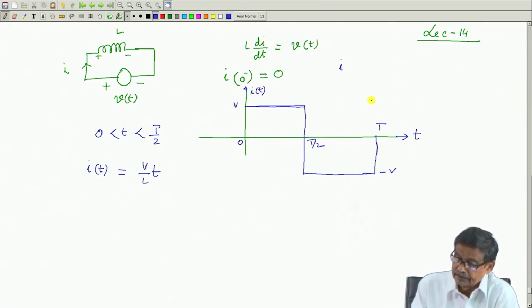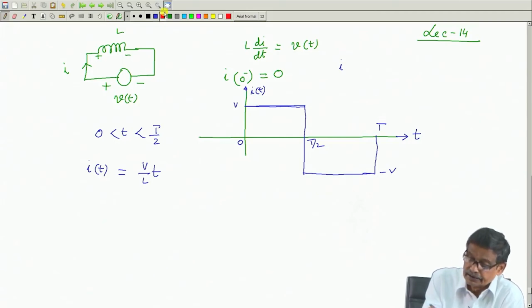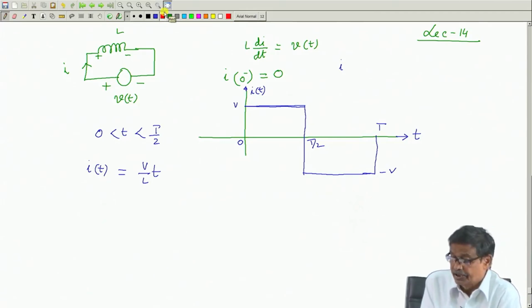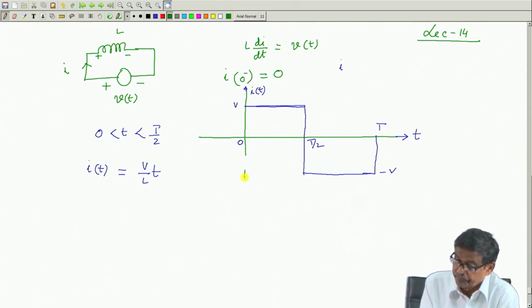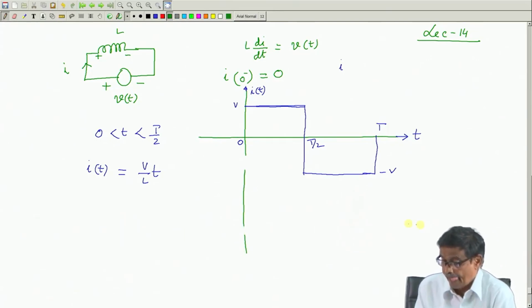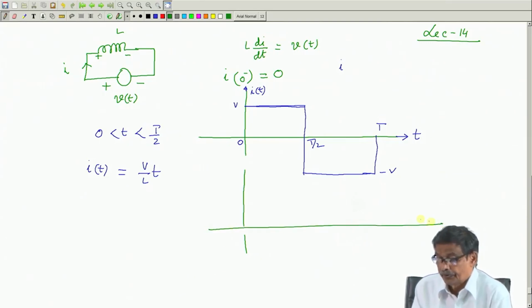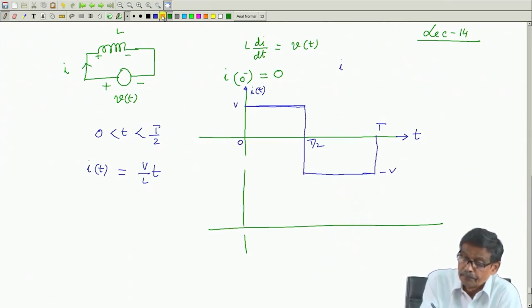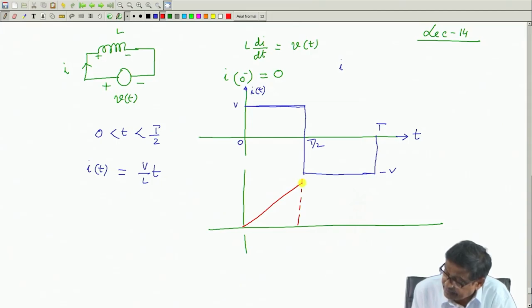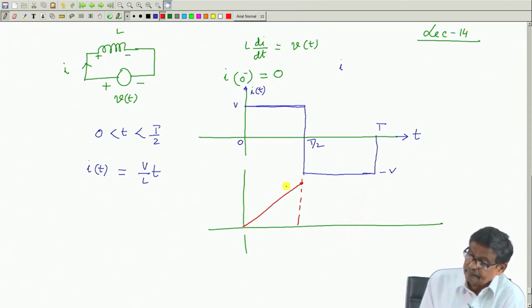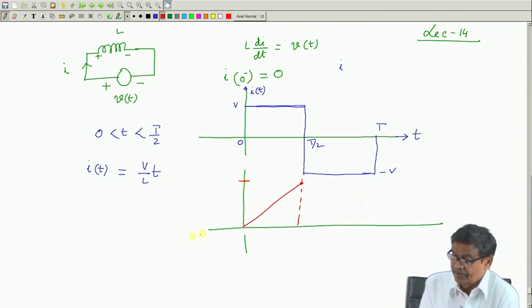It will increase in the form of a straight line. And where will it start? Initial current was 0, so it will start from 0 and it was increasing like this, like a straight line. So, what is the maximum value at t equal to T by 2?